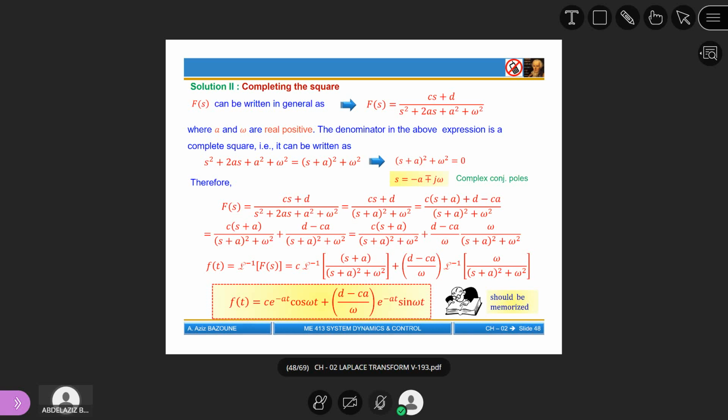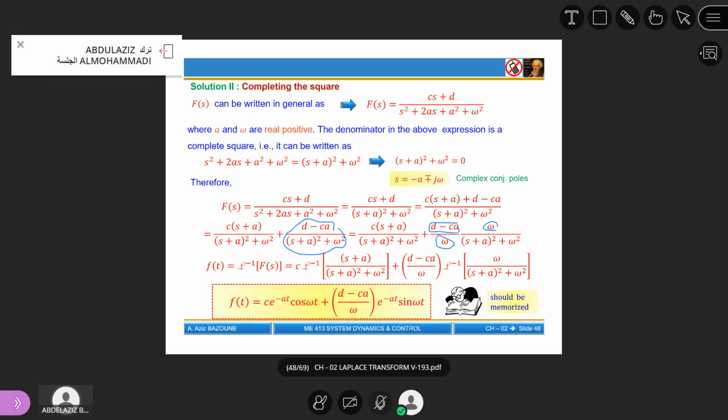For this term here, I am putting D minus CA, but I am multiplying by the same number and dividing by the same number, so nothing will happen. Now I brought it to a form that you can recognize easily. So this expression will be the inverse Laplace transform of this, plus the inverse Laplace transform of this one.